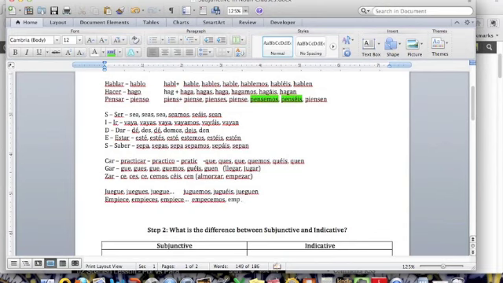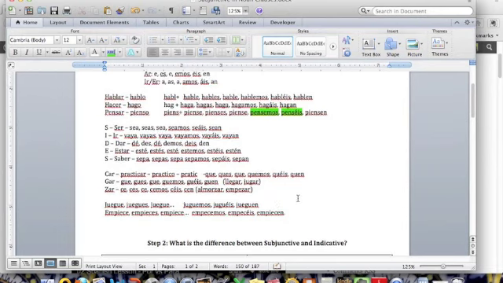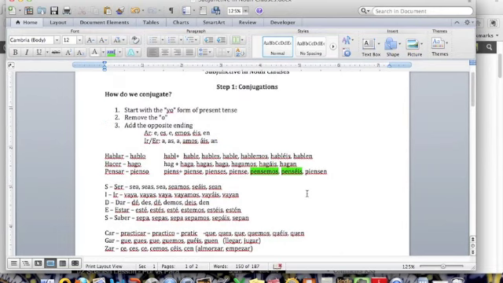Empecemos, empecéis, and empiecen. So that's a quick overview of how we conjugate in the subjunctive.